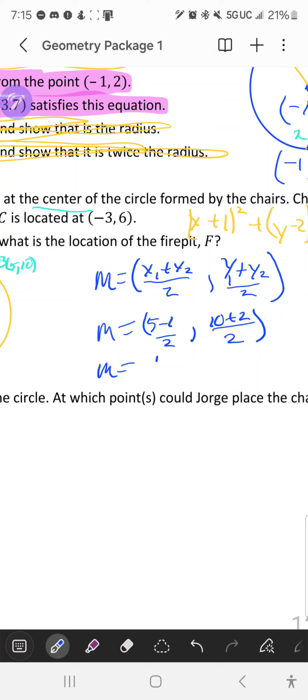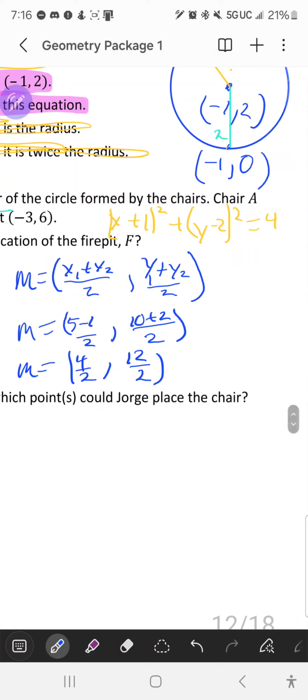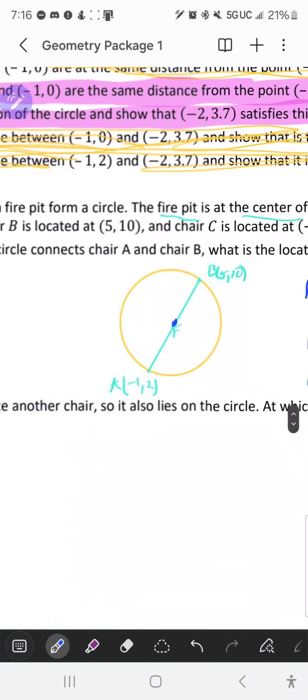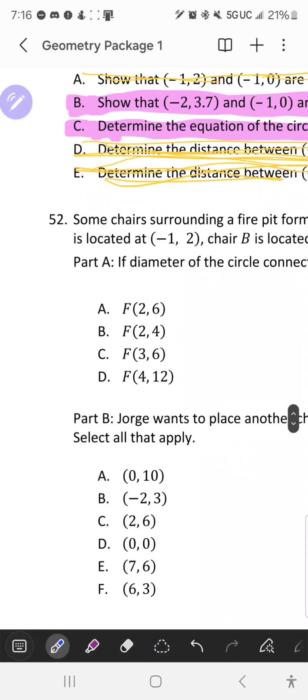The midpoint is going to be equal to 4 over 2, comma, 12 over 2. The midpoint is going to be equal to 2, comma, 6. So the location of the fire pit is 2, comma, 6, which is right here.